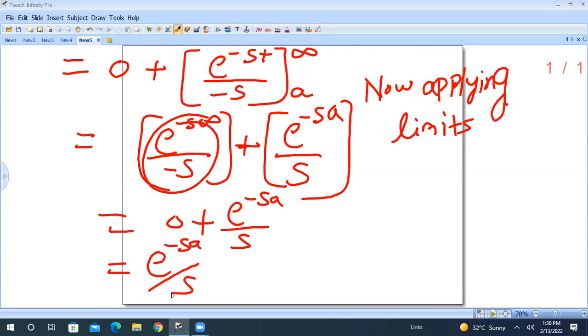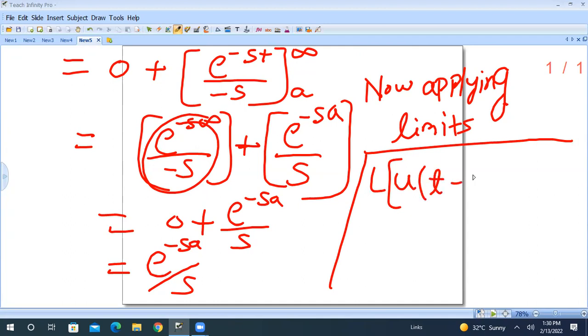The final answer after deriving this theorem is L of u of t minus a equals e to the power of minus s a divided by s.